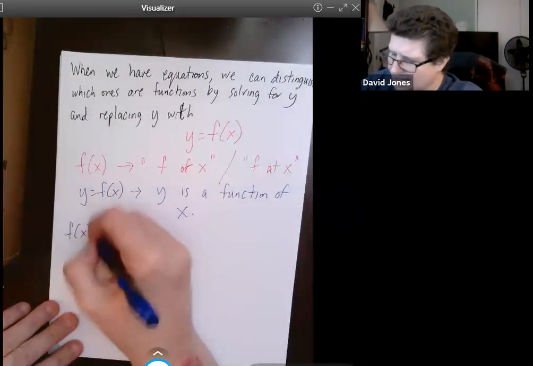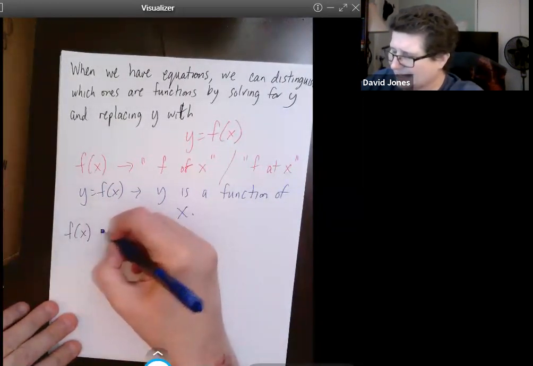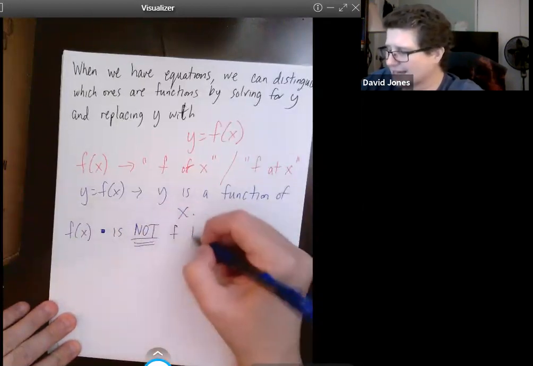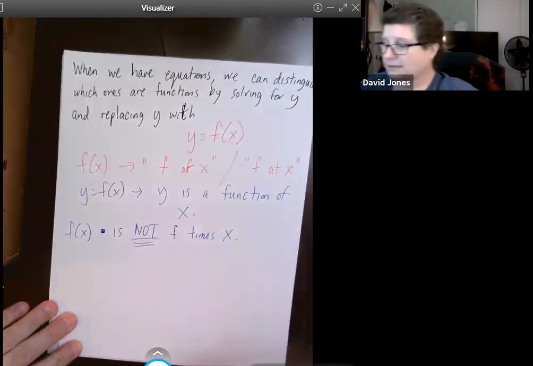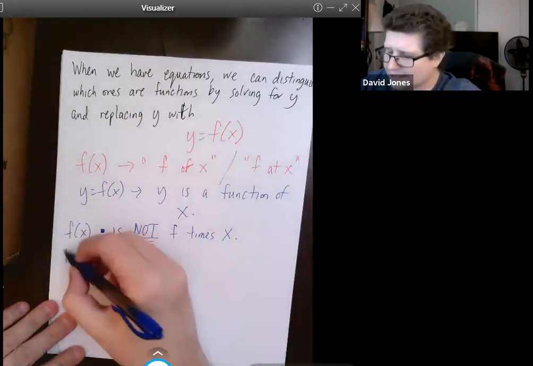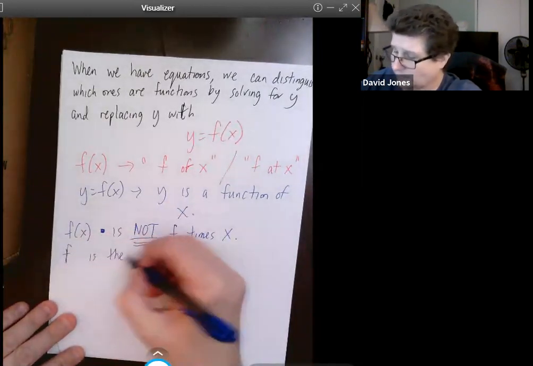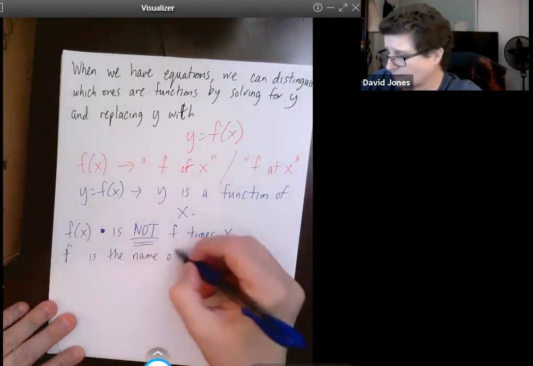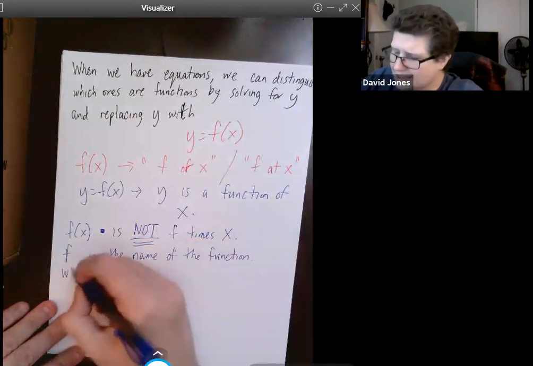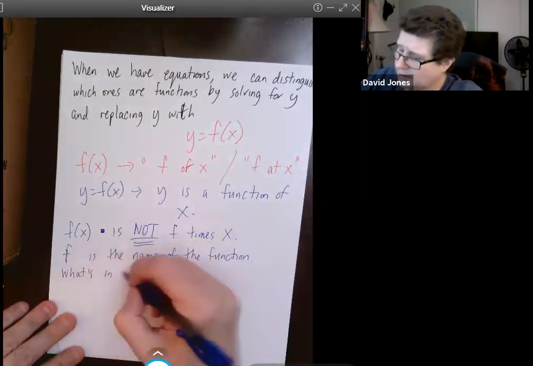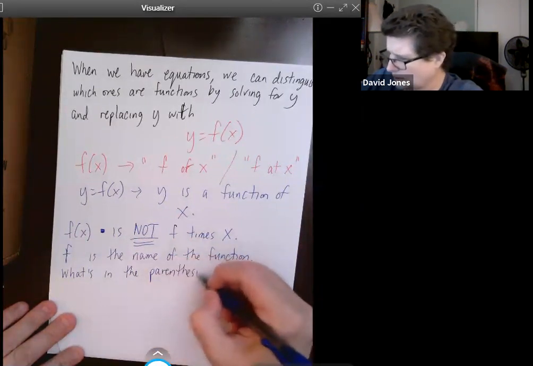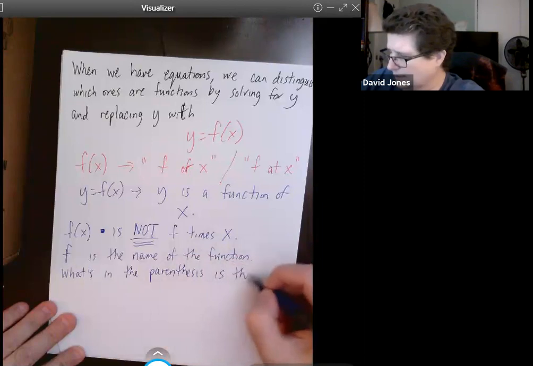Okay? F of x, like this, is not f times x. F is the name of the function. What's in the parentheses is the input.